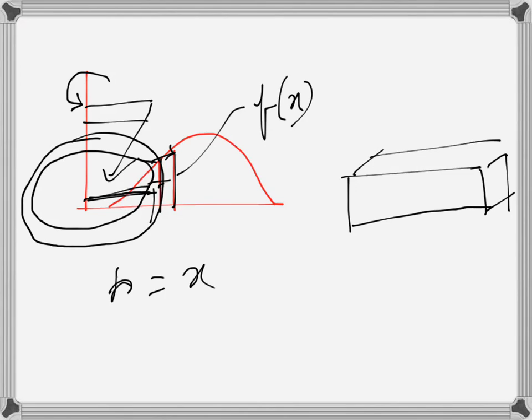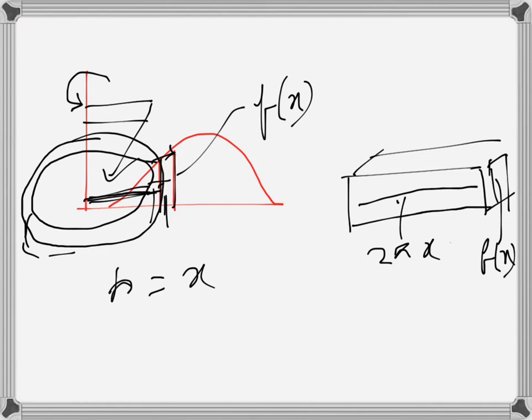Since the radius is x, the perimeter will be 2 pi x. So the perimeter is 2 pi x and the height is f(x). The surface area will be 2 pi x f(x). That's the surface area of any one of these shells.